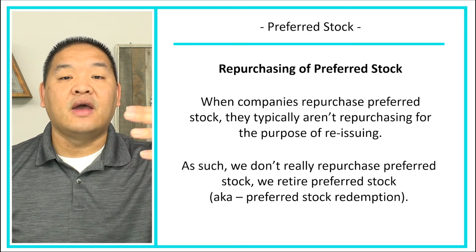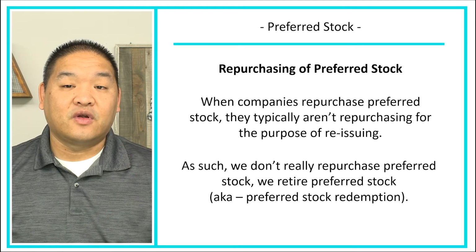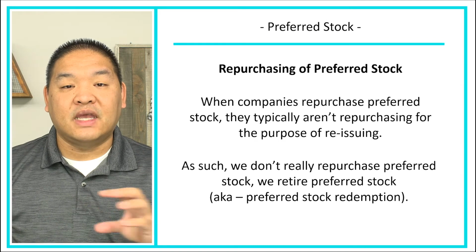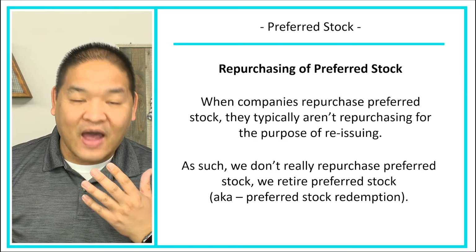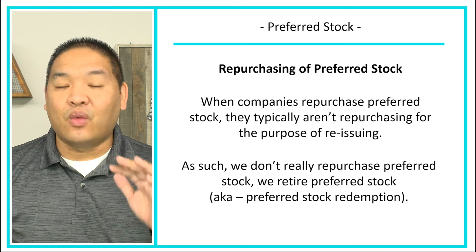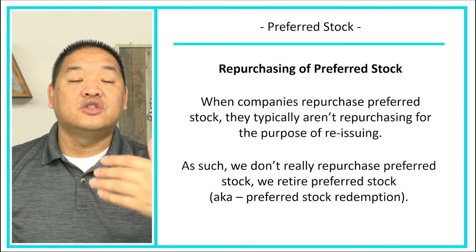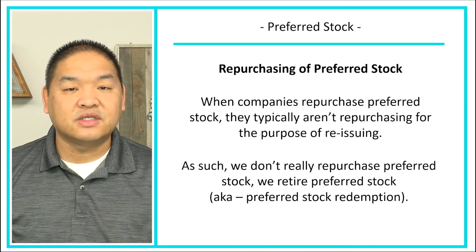So when a company goes out and buys back their preferred shares, that's called a preferred stock redemption, because the company's going to retire it once they get possession of it. Why are they going to retire it? Well, because it comes with that 5%, that 10%, that whatever percent dividend that is required to be paid to those preferred shareholders first, rather than common shareholders.